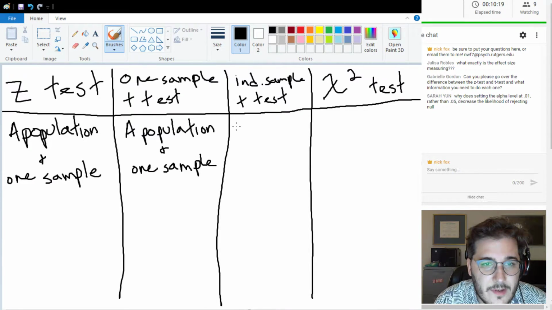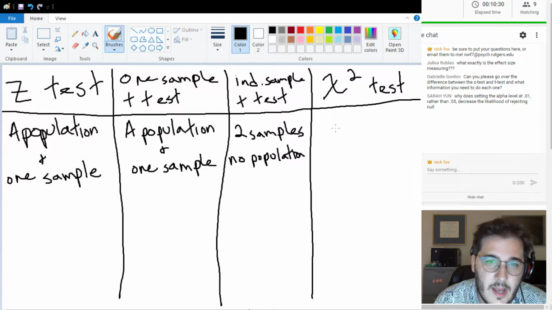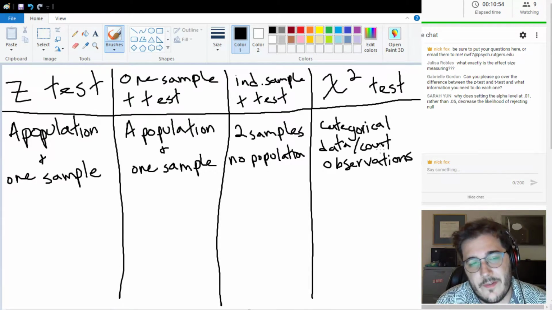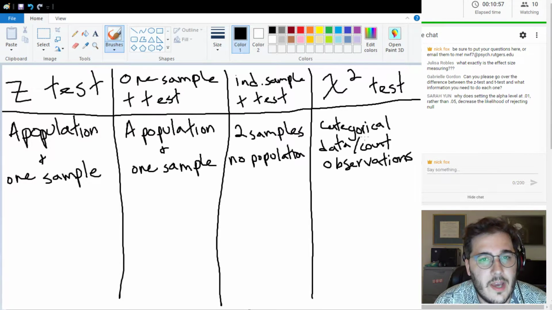For the independent sample t-test, you just have 2 samples and no population. And the chi-square is different in that you have categorical data. I'll also call them count observations. So it's a little bit different.